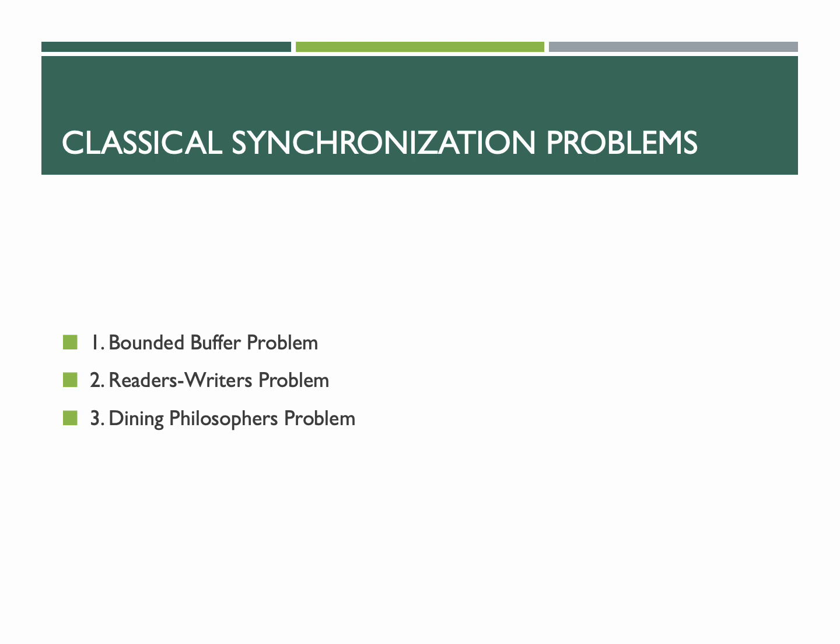Okay, now let's explore some of the most well-known synchronization problems that highlight the challenges of process coordination in operating systems. First of all, we have the bounded buffer problem, which is the producer-consumer problem. We just saw this in our previous slide.